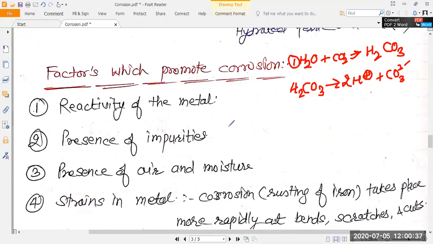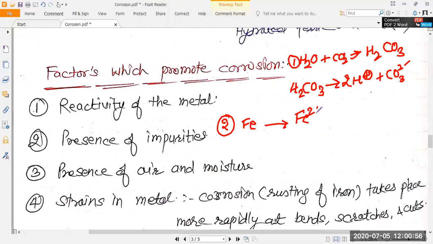Again, in the next chemical reaction, what we have to write: the iron particle of the surface gives two electrons and converts into ferrous ion Fe2+.